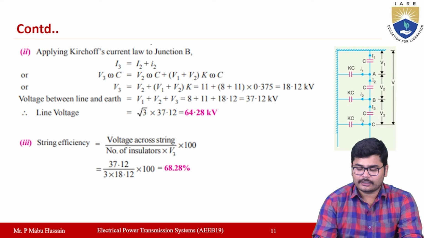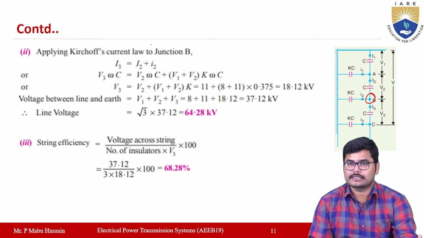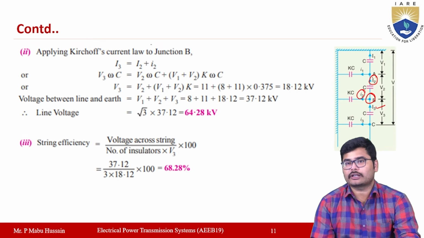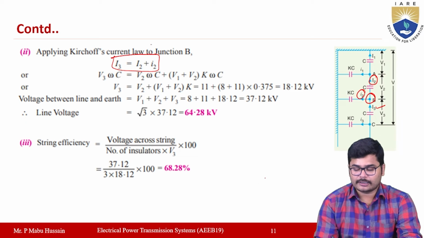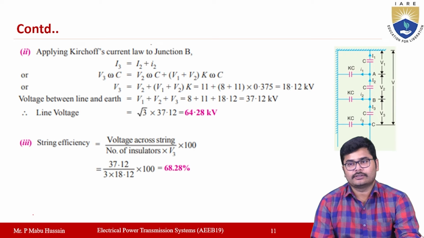Okay, so then again you apply Kirchhoff's current law to node B, or junction B also. Then capital I3 will be equal to small I2 plus capital I2. Right? This equation you will get here. Now I3 is the current flowing in the third capacitance, or third insulated disc, so the voltage across the third insulated disc is V3.